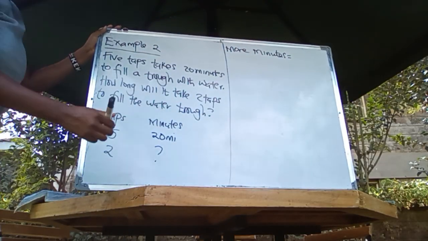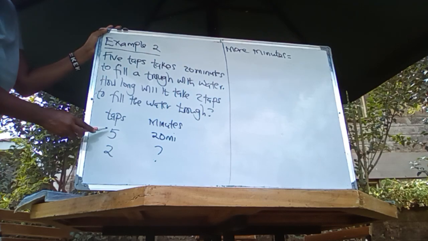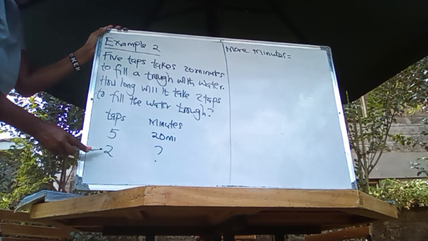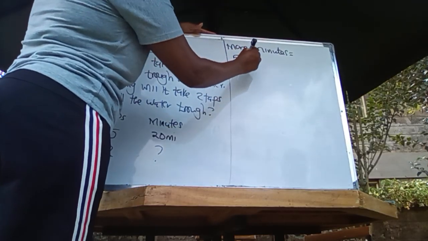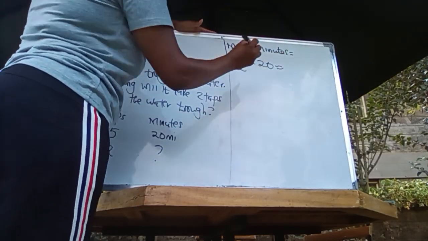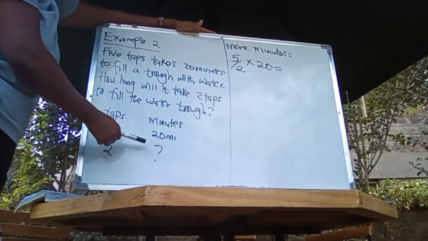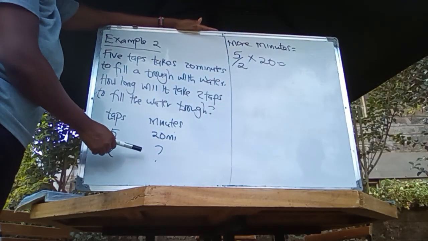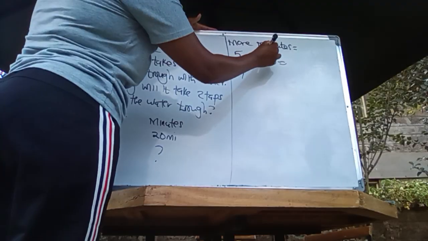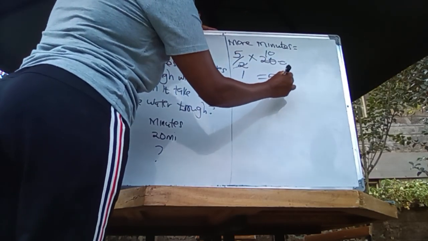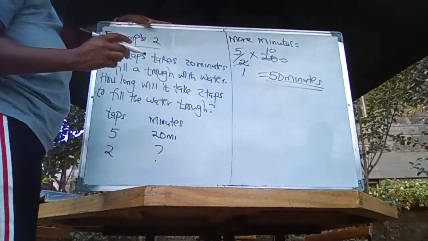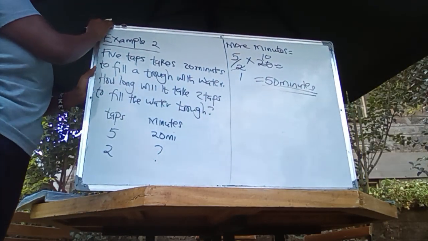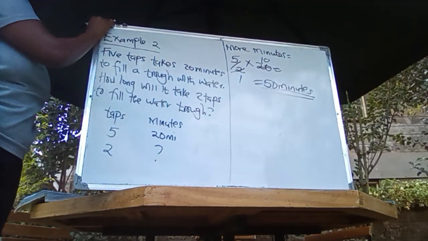So if it is more, it is the number of taps which are more over the number of taps which are less, which is 5 over 2 times 20. Understandable? So you say by 2, 1, by 2, 10. So the 2 taps are going to take 50 minutes.